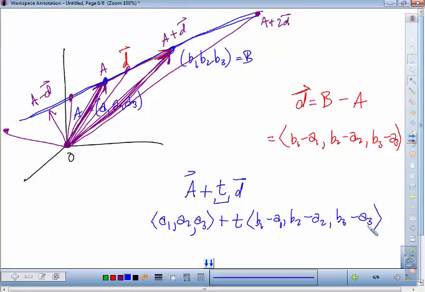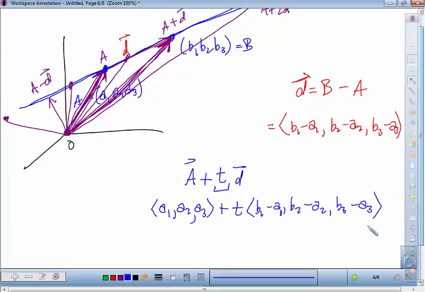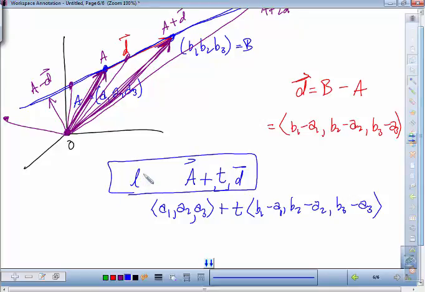Yeah. This is the equation of the line. This is the vector equation of the line. So actually, if we stay here and call this L for line, L of T as a function of T, this is sometimes known as the vector equation of the line.